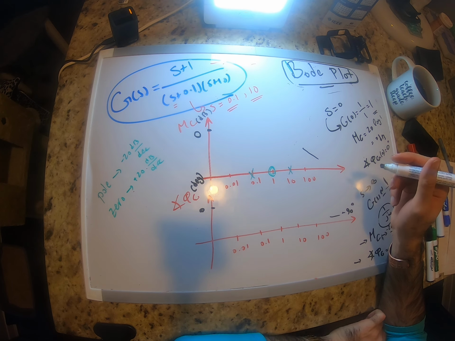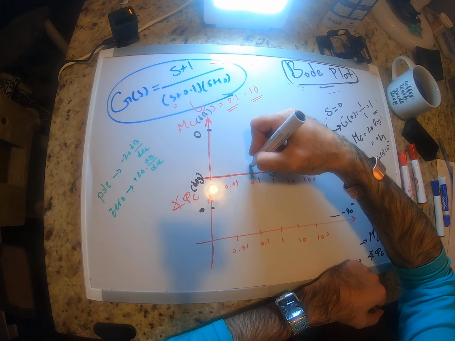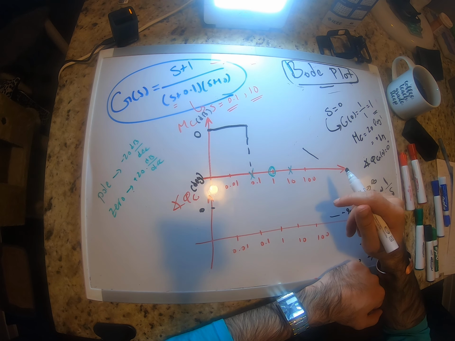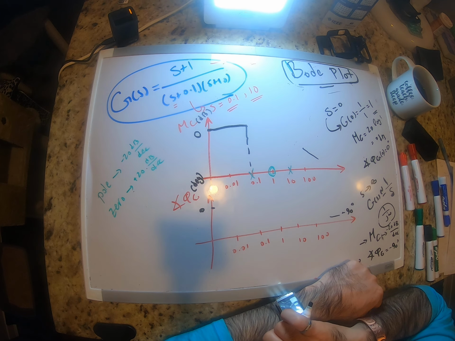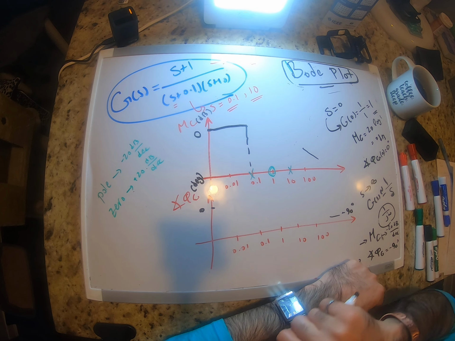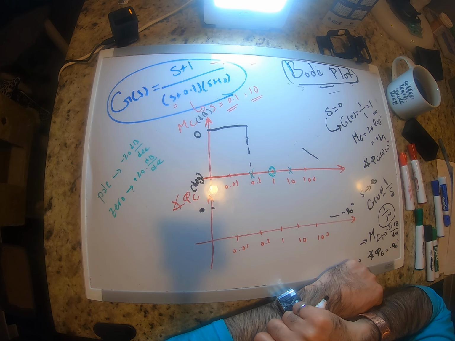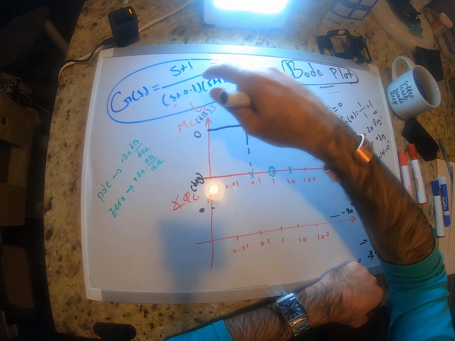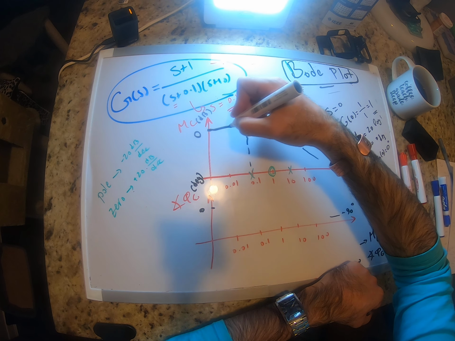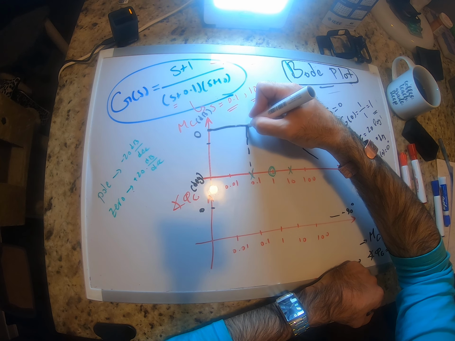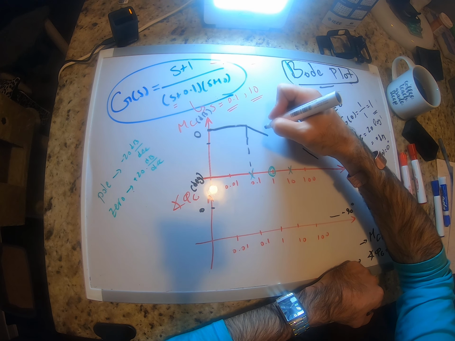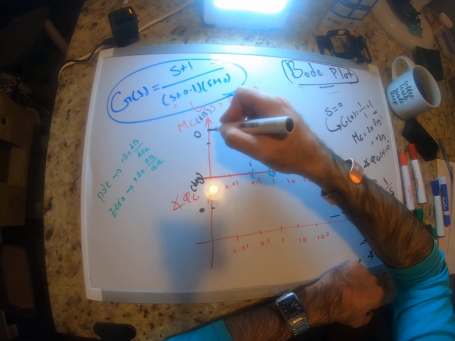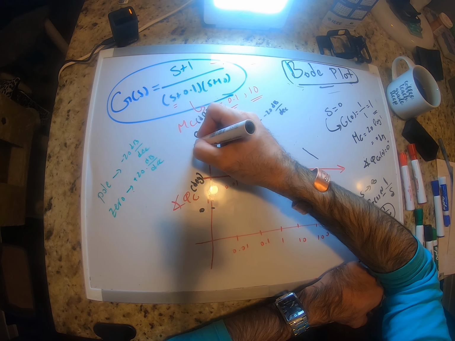Okay, so doing the gain plot is very easy. Up to here we don't have any poles or zeros, so it's going to stay at 0 decibels, right? And then at 0.1 we have a pole, so in this decade we're going to have a slope of negative 20 dB per decade. So at this frequency we get to negative 20.